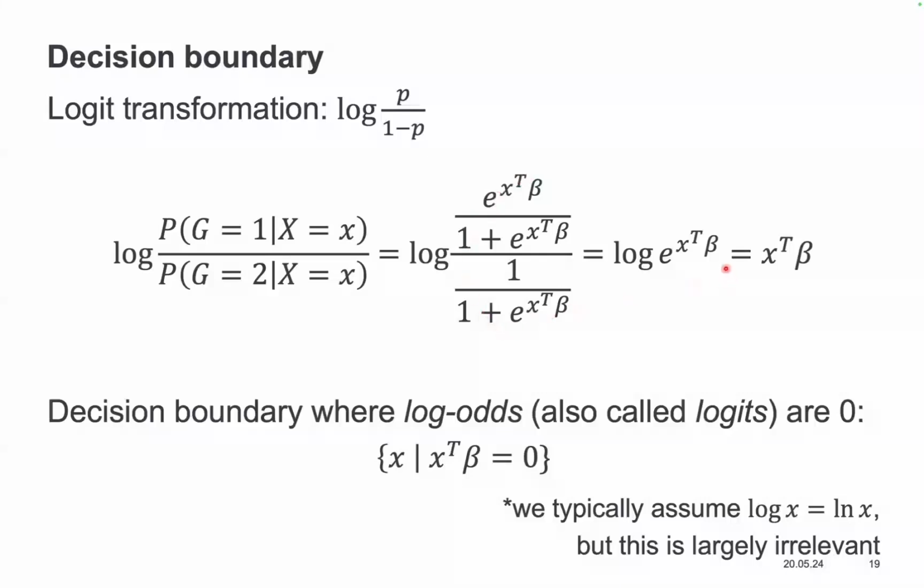So when the logarithm is 0, that's where this linear term switches from predicting the one class to predicting the other class. So the boundaries where the log odds or logits are 0, this is all those x's where x transpose beta equals 0.